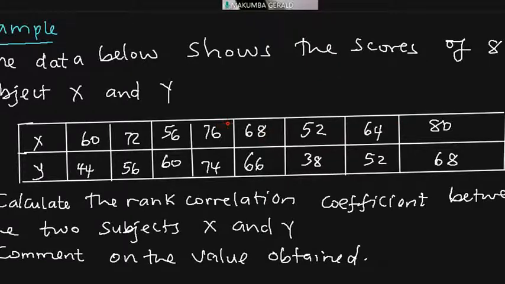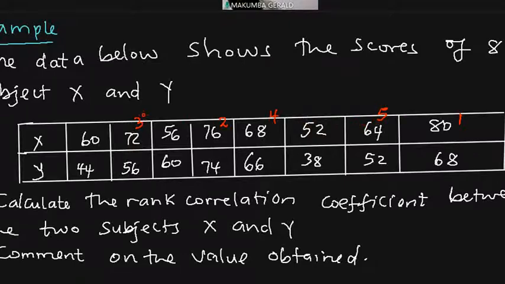So for X, this is taking rank number 1 or position 1, followed by 76, number 2, followed by 72, number 3, followed by 64, number 4, 68, number 4 here, then number 5 is here.